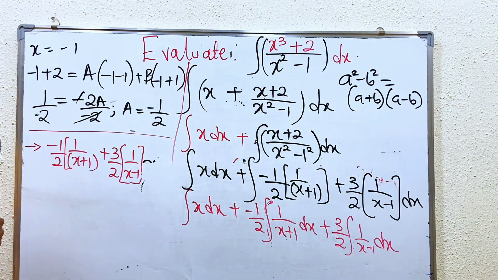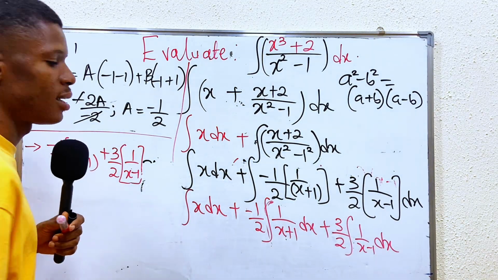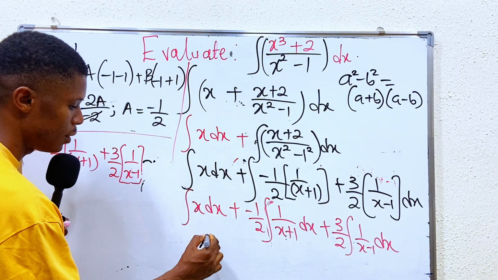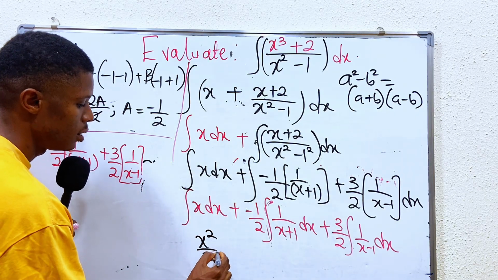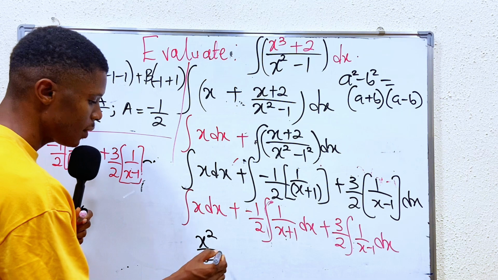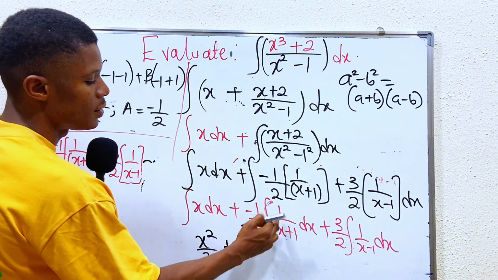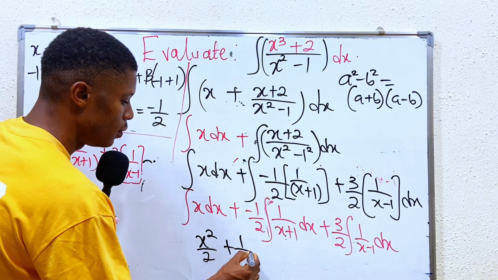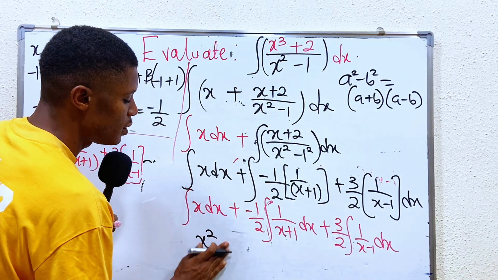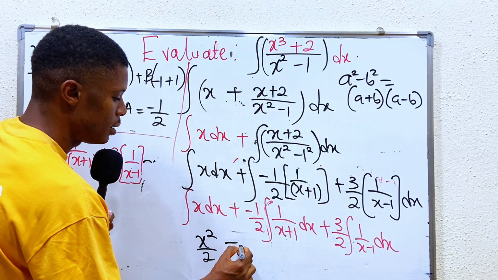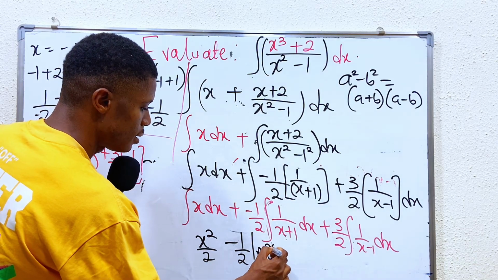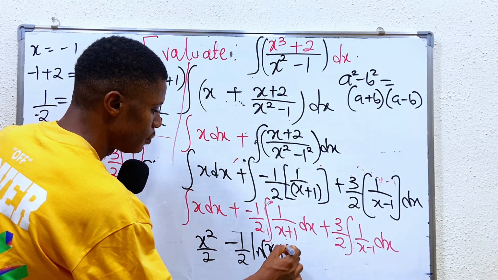So let's integrate. Integrating ordinary x will give you x squared over 2. Then plus, integrating 1 over x plus 1, because of this minus, we have minus 1 over 2 ln of x plus 1.